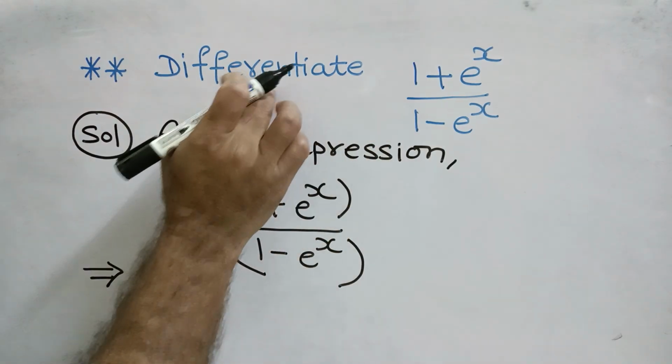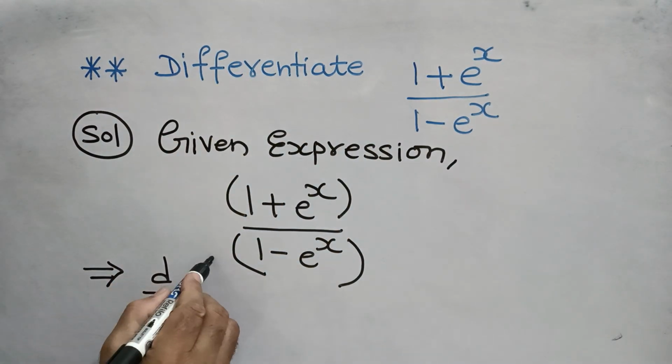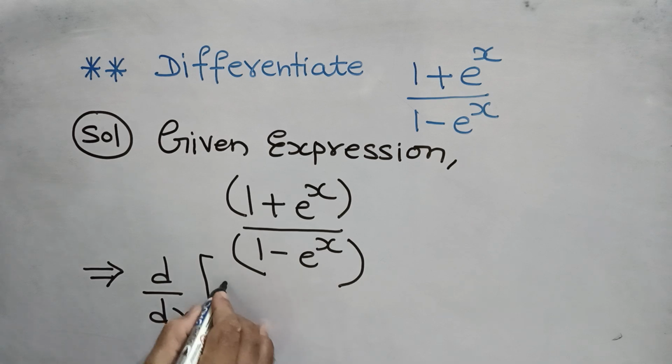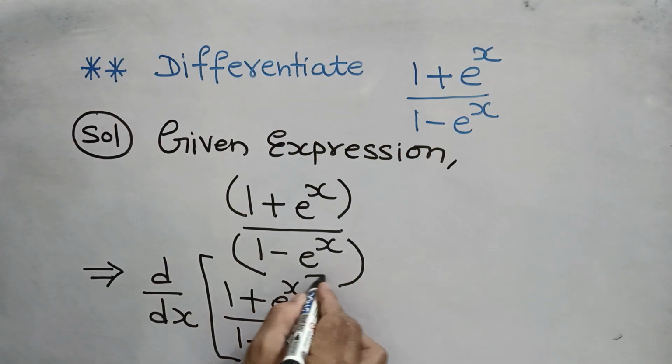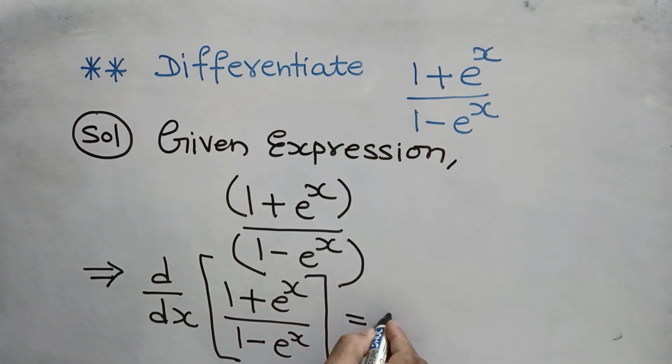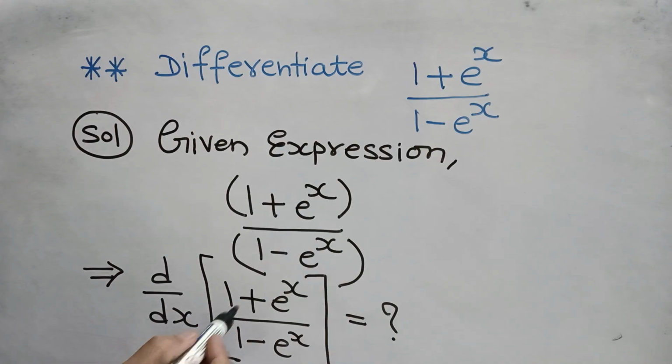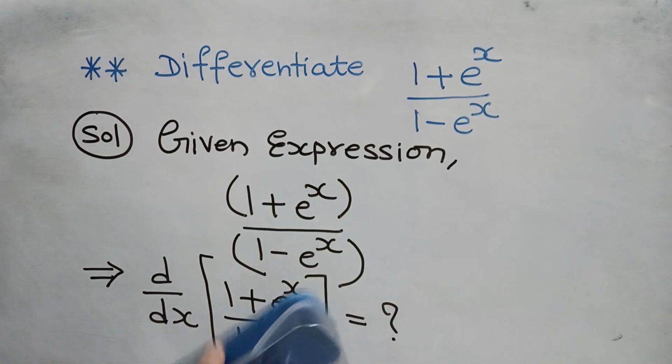So that meaning is d by dx of (1 plus e power x) by (1 minus e power x). We have to find this. That is our question now. How can we solve this?